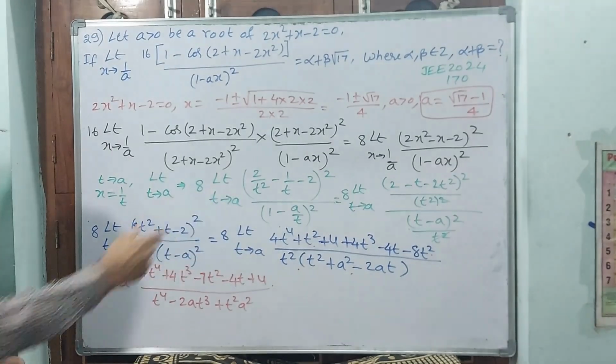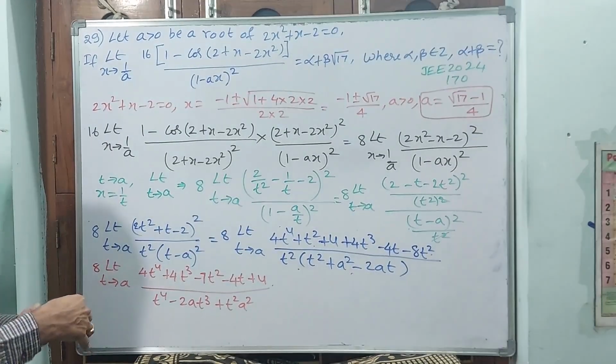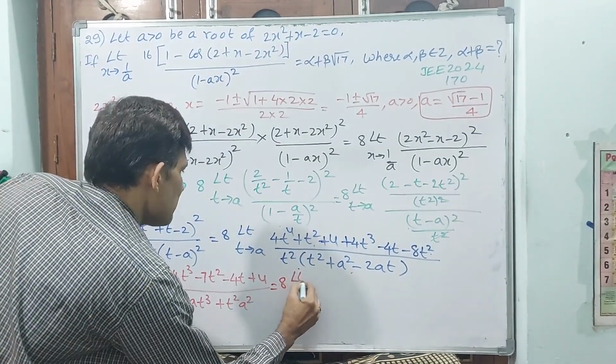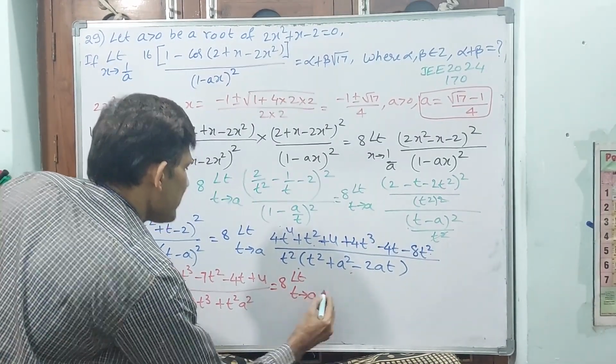Okay, now we will, 0 by 0. L'Hospital rule you go. L'Hospital rule. But keep outside 8. Limit t tends to a.